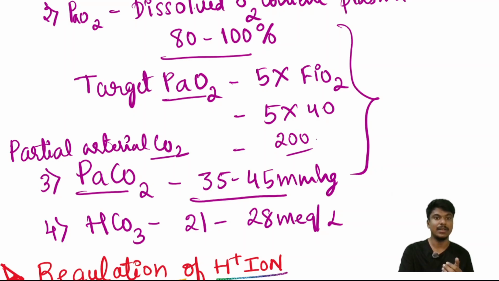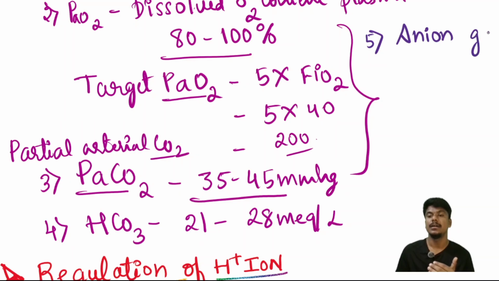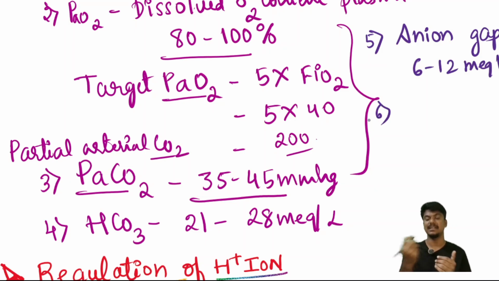For now, just keep in mind the anion gap; in the last session of the series I'll tell you what the anion gap actually means. It will be 6 to 12 milliequivalents per liter normally.